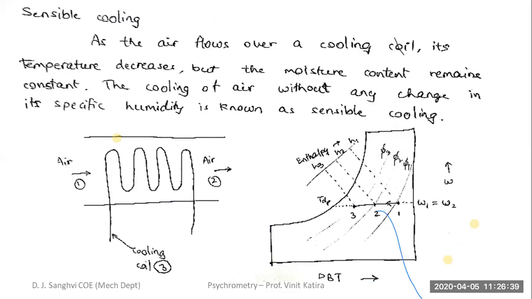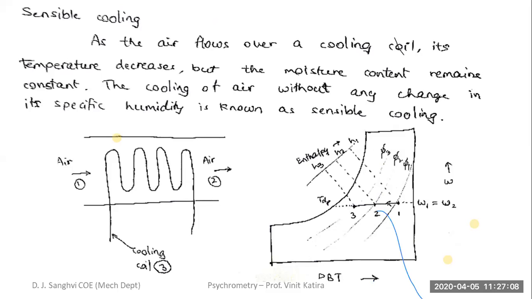Okay, in this case, we'll require a cooling coil, and the air is simply going to pass over that cooling coil. So, as you can see from the figure, your air is initially at condition 1. Okay, and as it passes over the cooling coil, it is being cooled, hence its dry bulb temperature is being reduced to T2. And over here, the cooling coil is at temperature T3.